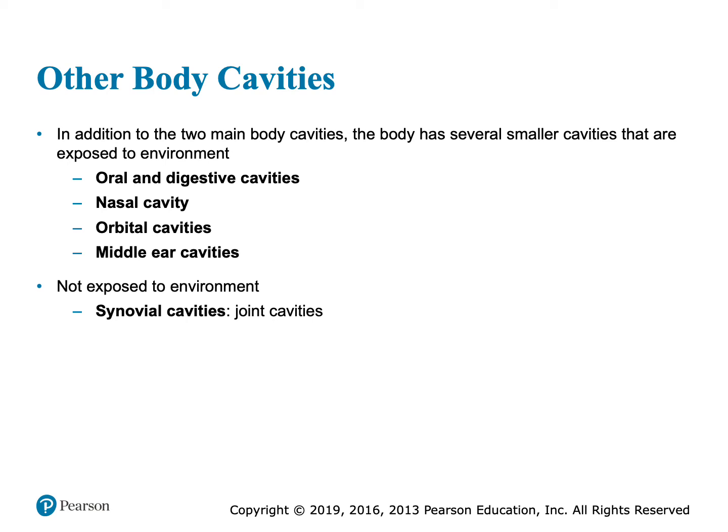We have some other cavities, so we don't get into too much detail about oral cavity, digestive cavity, nasal cavity. All these things that are listed here meet the outside world. And so therefore, because they meet the outside world, instead of being serous membranes, they're going to be mucous membranes. So if it meets the outside world, they're lined with mucous membranes, which means they have the ability to create mucus.